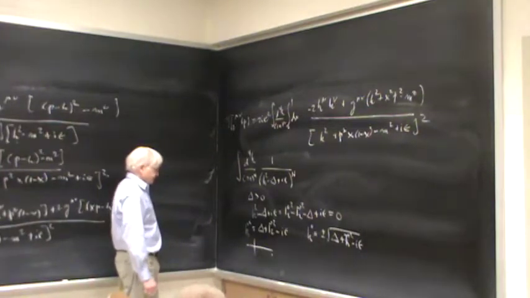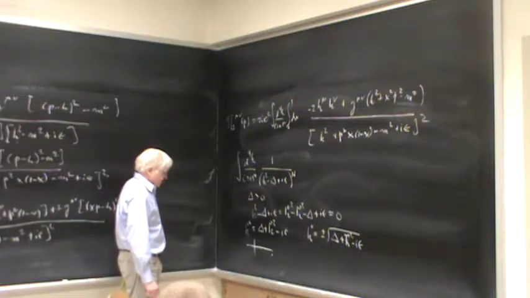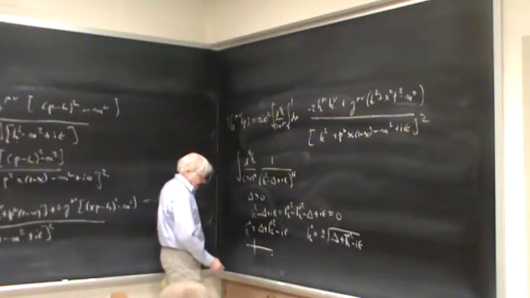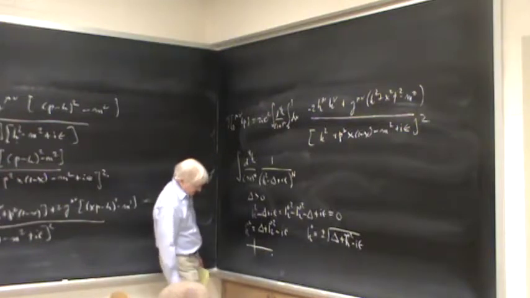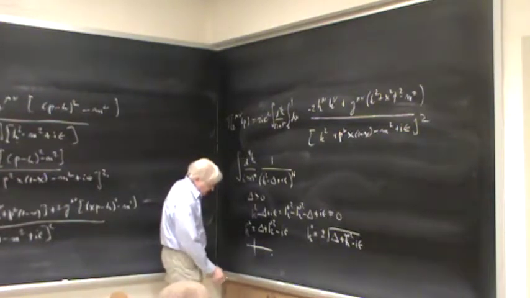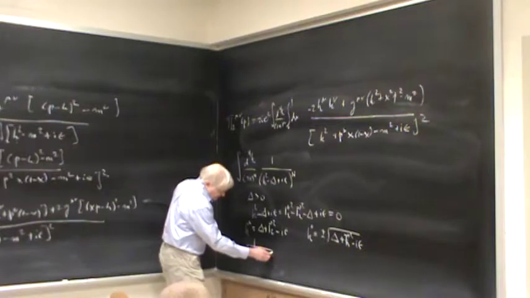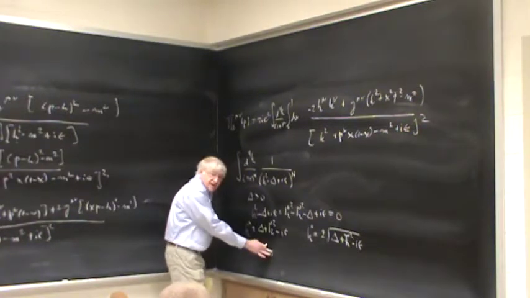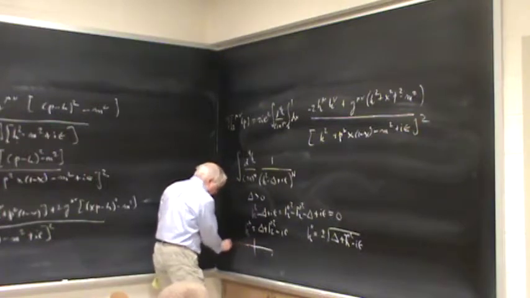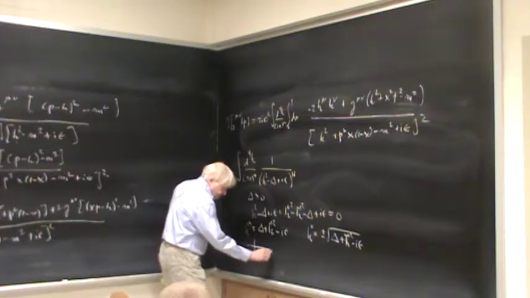And so the square root of that is, actually I think I put the cut on the positive real axis. The square root of that then is either something right here, positive and a little bit below the axis, or it's something over here.